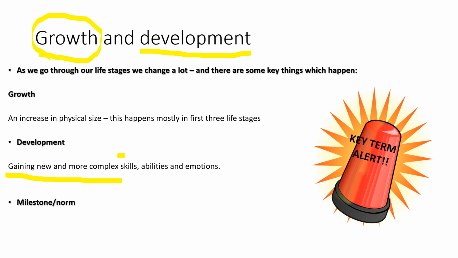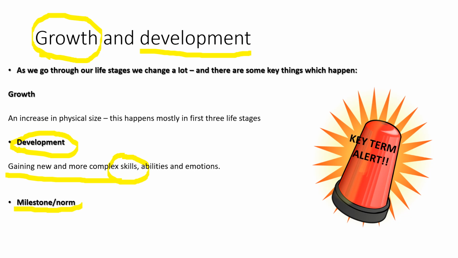So for example, learning how to ride a bike, or passing exams at school, or learning how to cook new meals, or learning how to drive a car, which might be either in adolescence or in early adulthood. Learning the skills to get a promotion at work, and so on. Now this development happens through all of our life stages. Okay? We carry on learning all of the time.